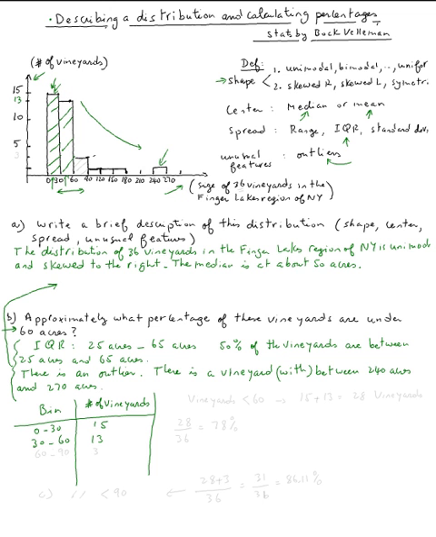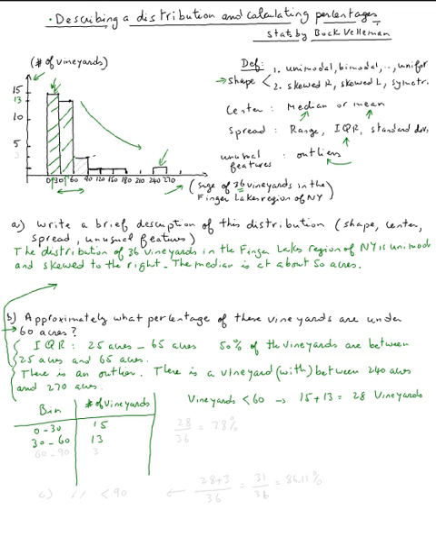So how many vineyards are under 60? Vineyards less than 60 acres is going to be 15 plus 13, which is 28 vineyards. To know the percentage, we need the total number of vineyards, which is 36.